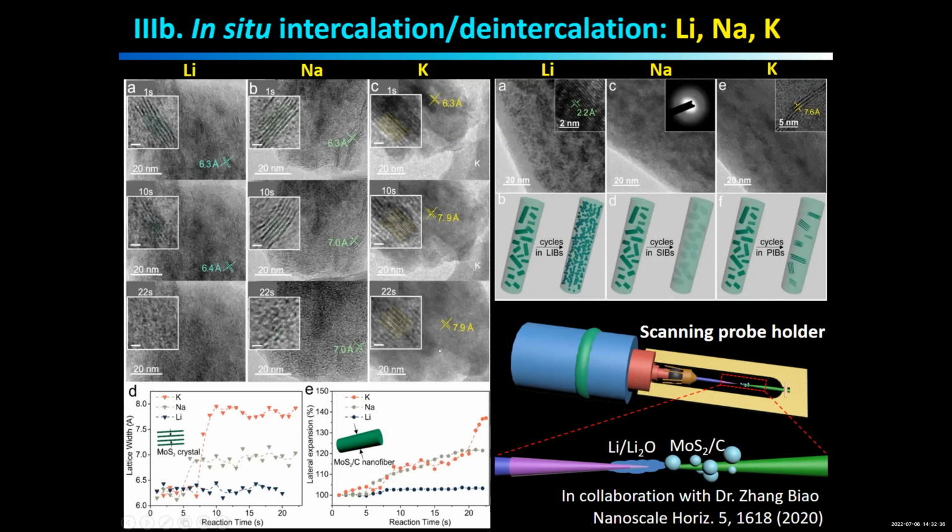But for the potassium case, the intercalation process still continues and dominates, which helps to preserve the layered structure of MoS2. So this tendency for the conversion reaction for the lithium and the sodium has been confirmed using the DFT calculation, which explains the better stability for the potassium ion battery on the MoS2.